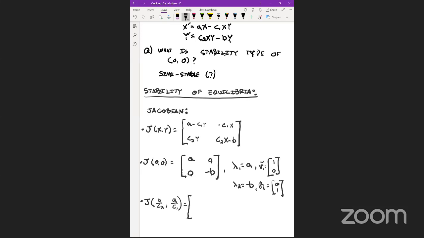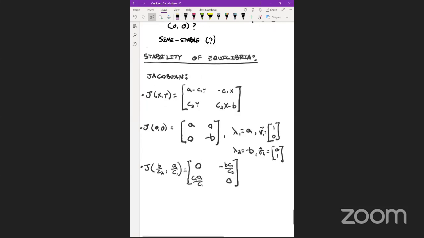And what are we going to get? So here we're going to have 0, so it's going to be A minus A, 0. And then we're going to have minus B C1 over C2. And then we're going to have A C2 over C1, 0.